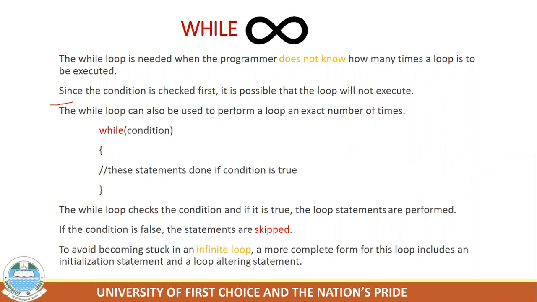But if you don't know the number of times you want a statement to be executed, you use the while statement. So the while loop is needed when the programmer does not know how many times a loop is to be executed. So when you don't know, then you use your while statement. Since the condition is checked first, it is possible that the loop will not execute.